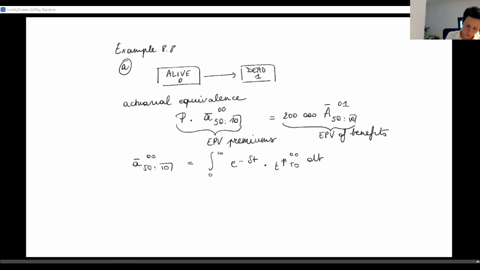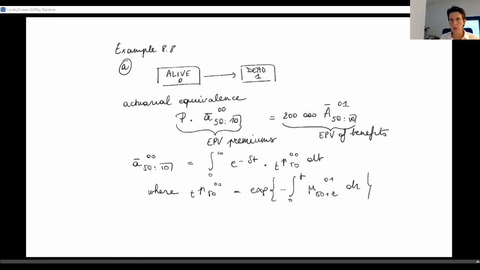And of course, I can wonder, what is this survival probability? So what is my t p 50, 0 0? Well, in this case, that's the exponential function evaluated in minus the integrated force of mortality. And the force of mortality here is to go from 0 to 1.